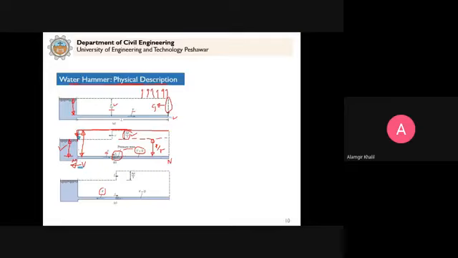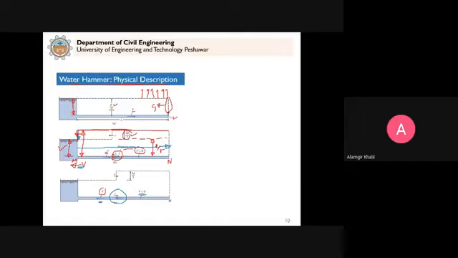So as a result of this, another pressure wave will set up and it will travel from this point towards the valve. This is what you see here. This is the unloading pressure wave, because when it passes, it establishes this velocity V in the pipe, but on this side the velocity is 0.